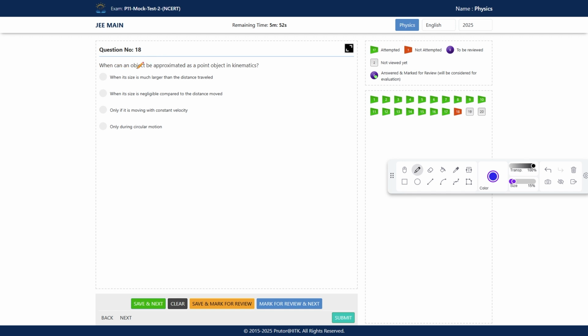When can an object be approximated as a point object in kinematics? A, when its size is much larger than its distance traveled. B says when its size is negligible compared to the distance moved, and only if it is moving with constant velocity, and D is only during circular motion. Which one is correct?